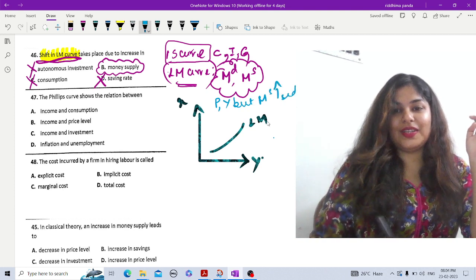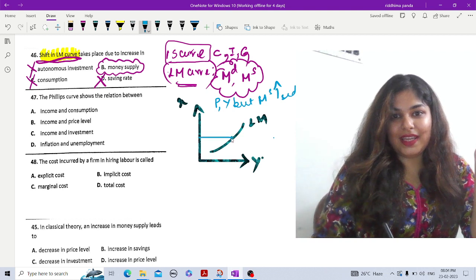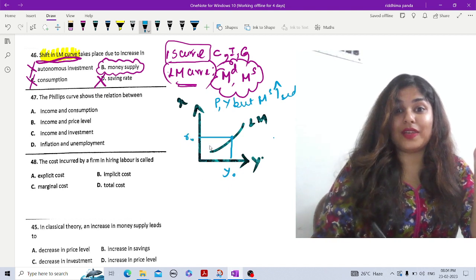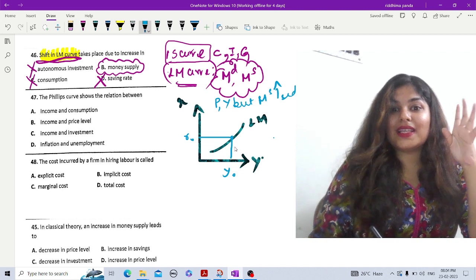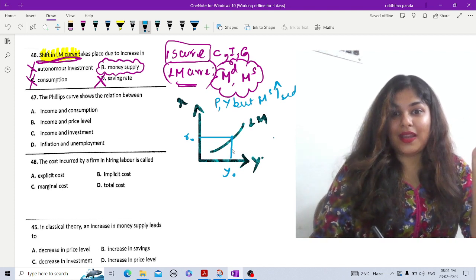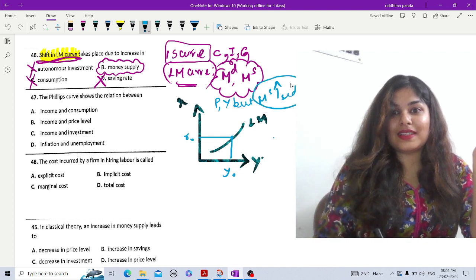In that scenario, what will happen? Suppose initially this is your equilibrium output and rate of interest. Now, as your income is not changing but your money supply has increased, you will be off the LM curve, in disequilibrium.